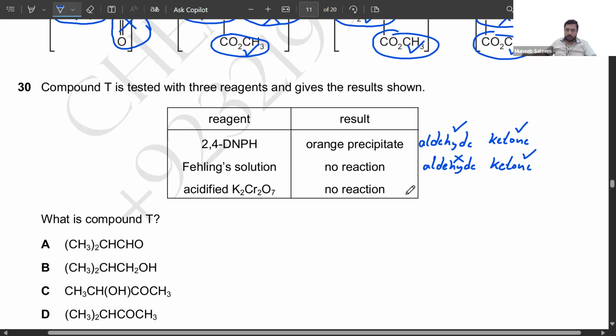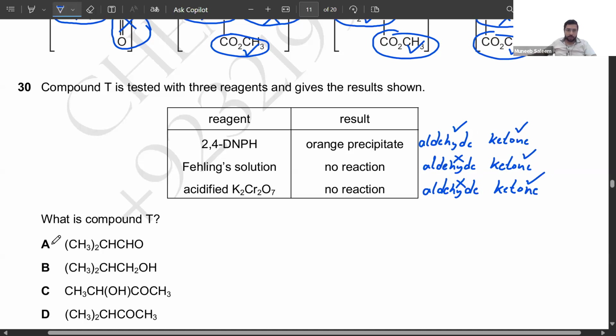And acidified K2Cr2O7 gives no reaction, which means it could not be an aldehyde, because an aldehyde can be further oxidized by potassium dichromate to give a reaction. Whereas a ketone cannot give this reaction with potassium dichromate, so a ketone would be there. Now we have these different possibilities.